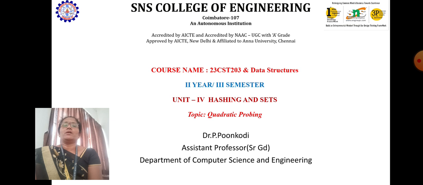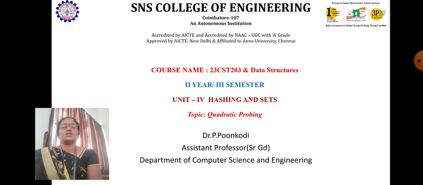When we are storing a large volume of data into a small table, there is a lot of chance of collision. A collision is when two or more keys request the same index position to store the value. In that case, we have mechanisms to avoid those collisions.